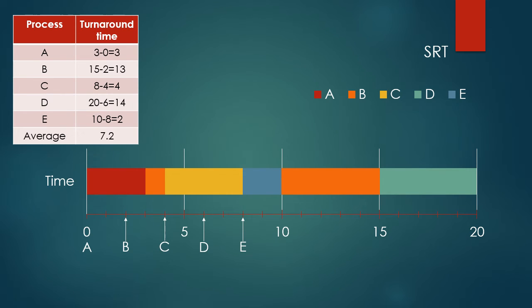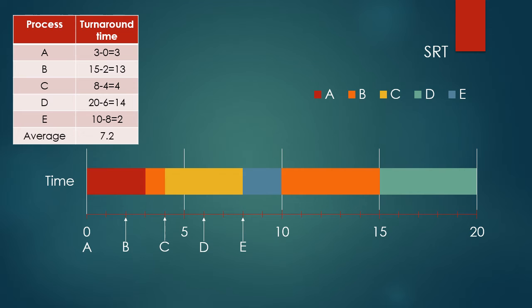Let us have a look at the turnaround times for SRT. A arrives at 0, finishes at 3. Turnaround time is 3. B arrives at 2, finishes at 15. Turnaround time is 13. C arrives at 4, finishes at 8.